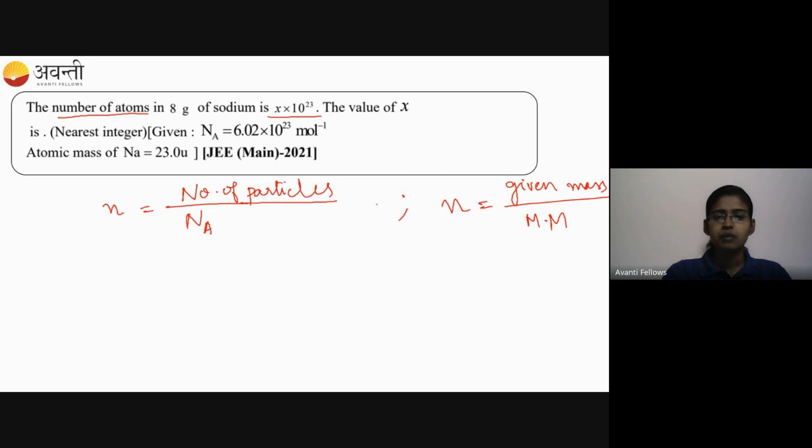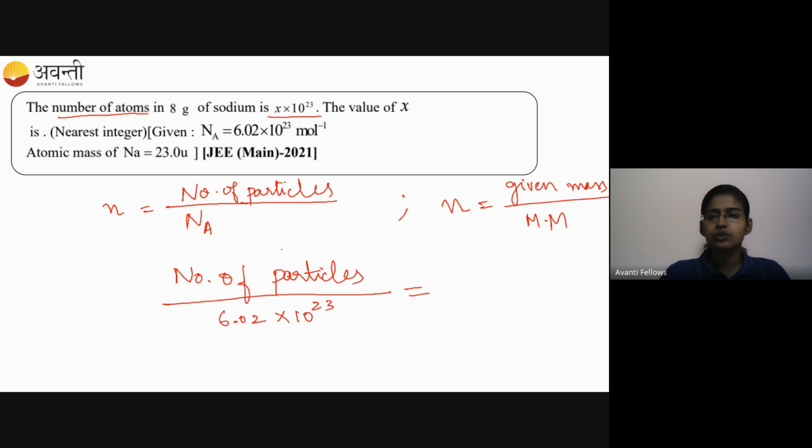So since the number of moles are the same, we can equate these relations. So number of particles divided by Avogadro number, 6.02 into 10 to the power 23, equal to the given mass of sodium, which is 8 gram, divided by the molar mass, which is 23.